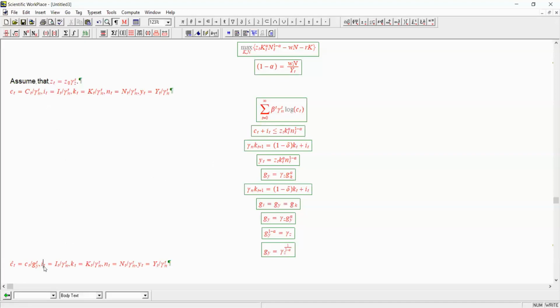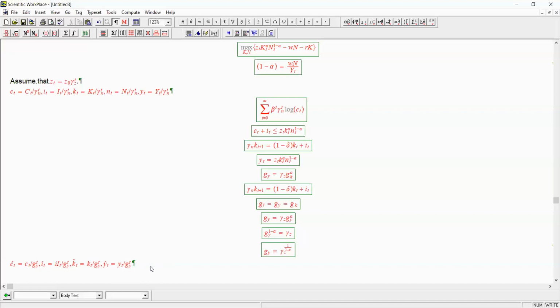So we could have I hat to be per capita investment, detrended. K hat is capital per capita, detrended. N doesn't grow, so we don't need to worry about that. And Y hat is output per capita, detrended.